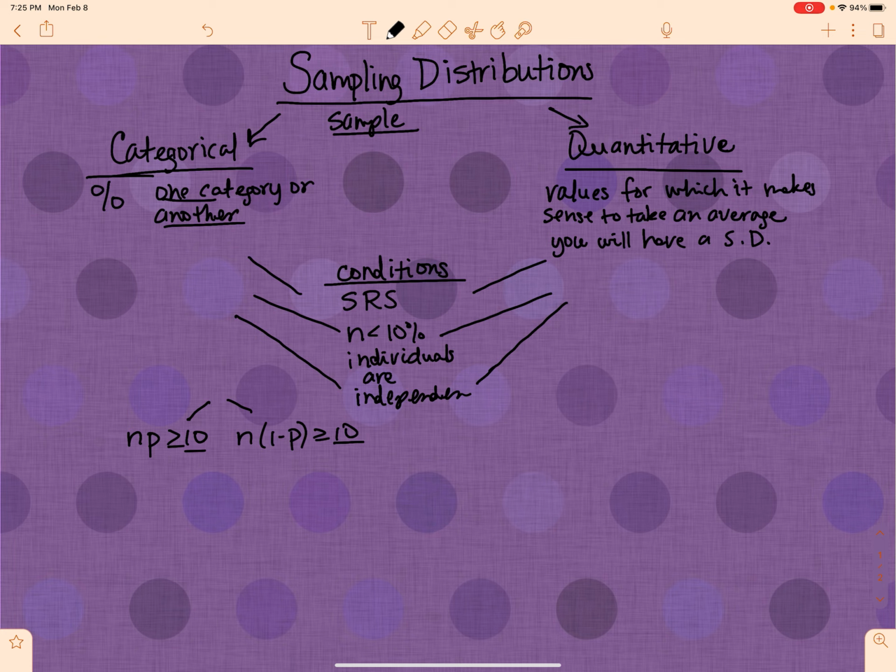For quantitative, you have a couple of options.